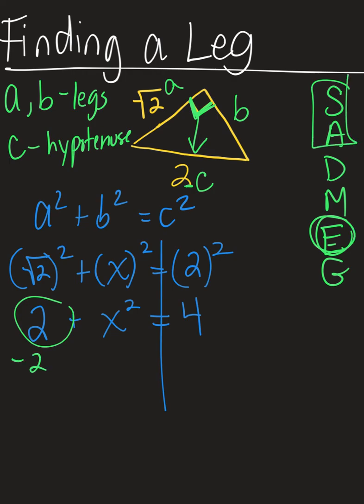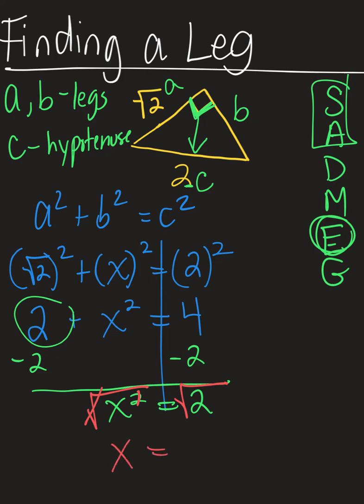So I'm going to subtract 2 from both sides. X squared is still x squared. I haven't completely isolated x by itself yet, and I have 2 on the opposite side. So I will do my final step, take the square root of x squared, get x alone, and my answer will be the square root of 2.